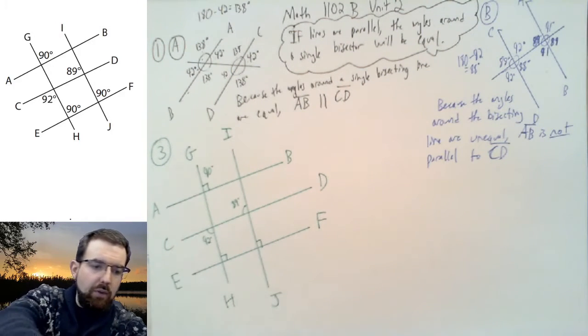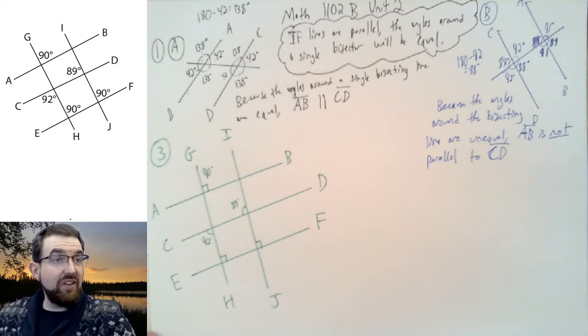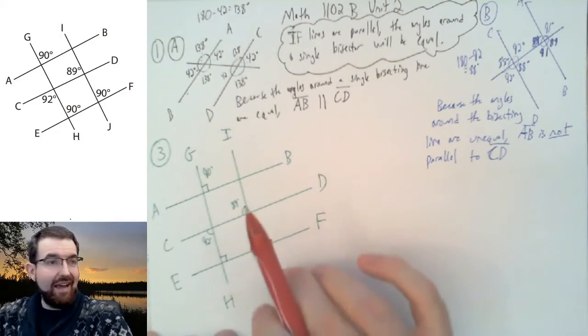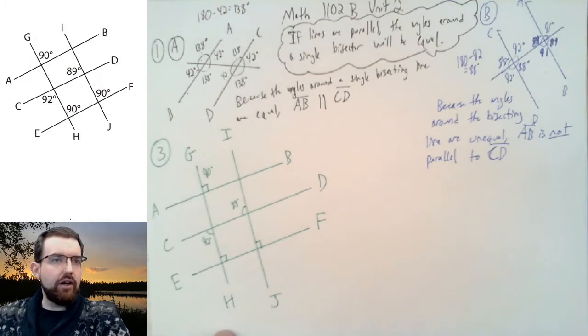Now, I'm going to use a different color to show that I'm filling these ones in after the fact. So all the stuff in green was what we had from the get-go. I'm going to start filling in red now to show the things that we are determining.